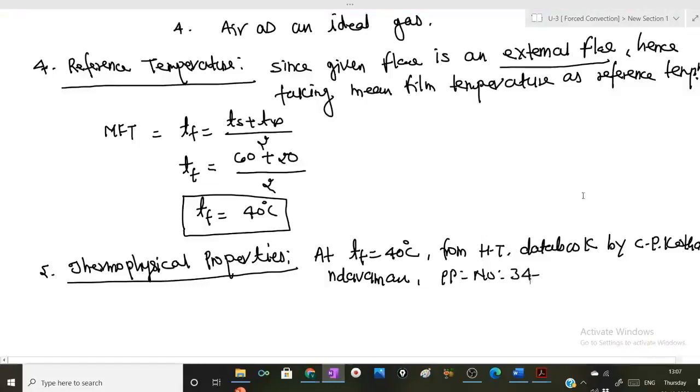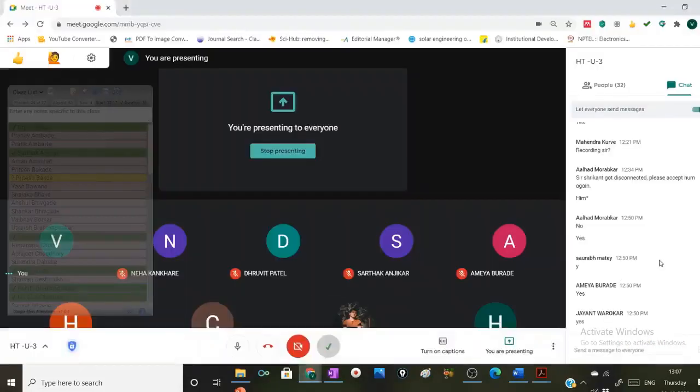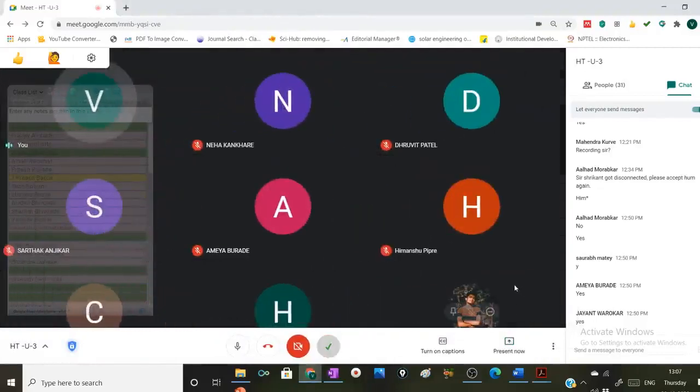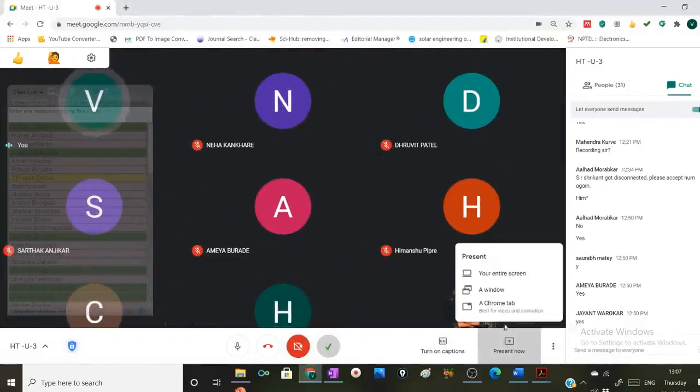Okay, so let me once again refer the page number 34. Now refer the page number 34 of your data book.